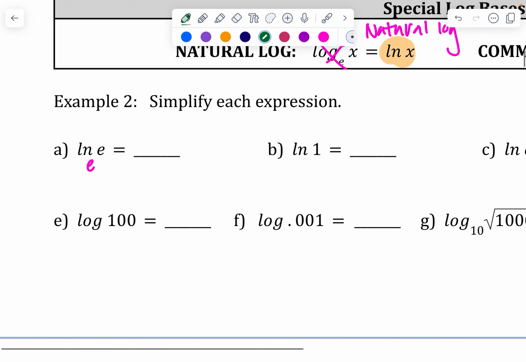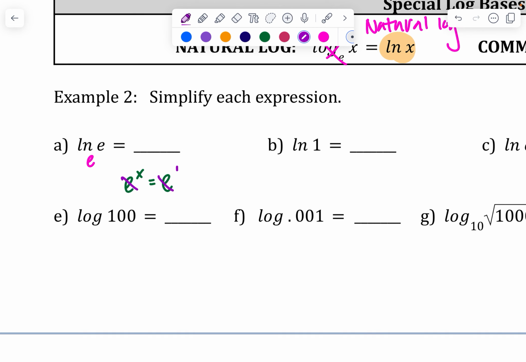I'm going to say, okay, e to what power gives me e? E to the x power is equal to e to the 1st power. Same bases. X is equal to 1. All right, same thing with part B. We have ln of 1, so I'm going to put my sneaky little e. Same exact thing. I'm saying e to what power gives me 1? Anything to the 0th power gives me 1.